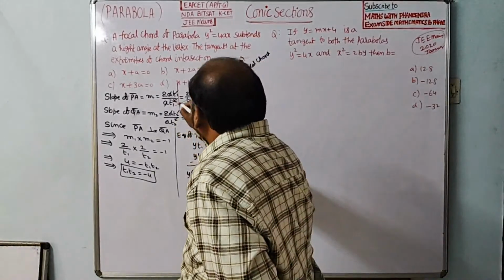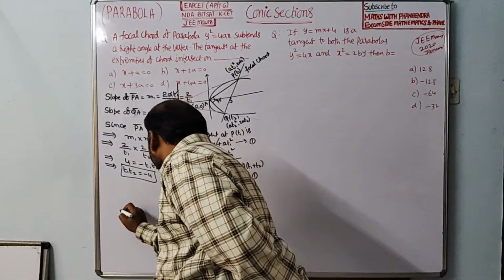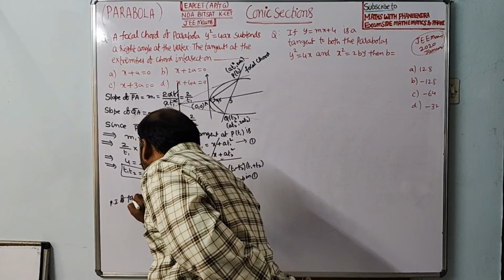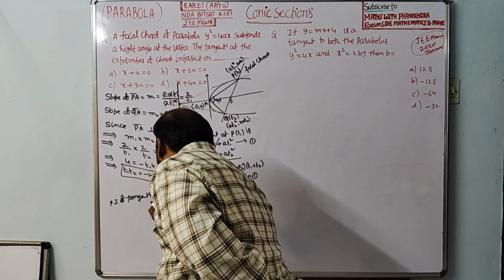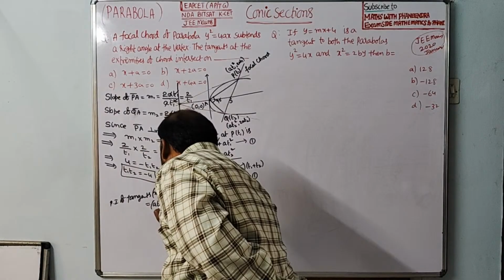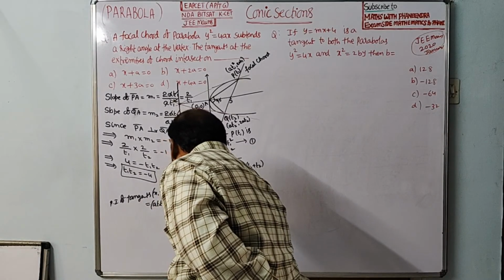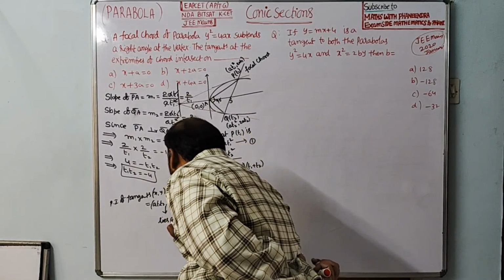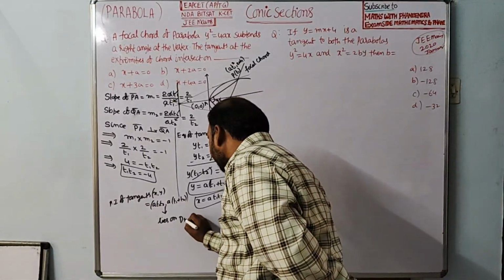So intersecting on the directrix line. So therefore, point of intersection of tangents x comma y is equal to a t1 t2 comma a into t1 plus t2. So it lies on directrix.